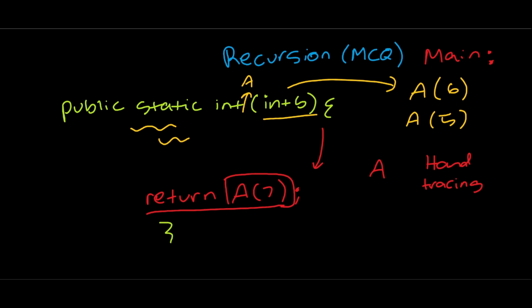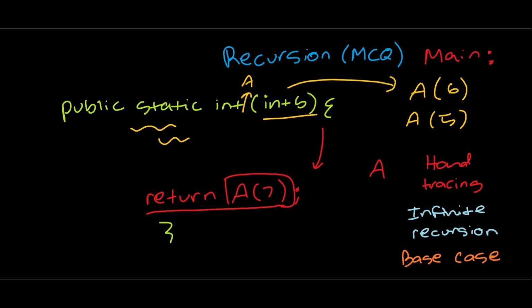Once the method runs once, it's going to call A(7), and then A(7) will be called again and again and again. So what's going to stop that method from going on forever, which is something called infinite recursion, when the method won't stop and just keeps calling itself over and over? The thing that stops that is actually called a base case.